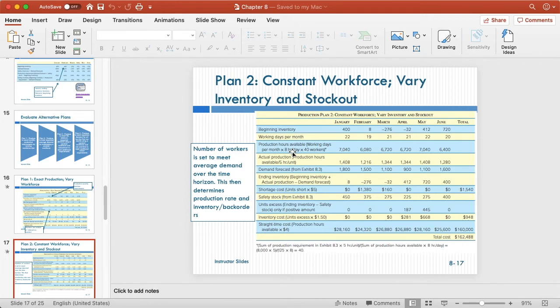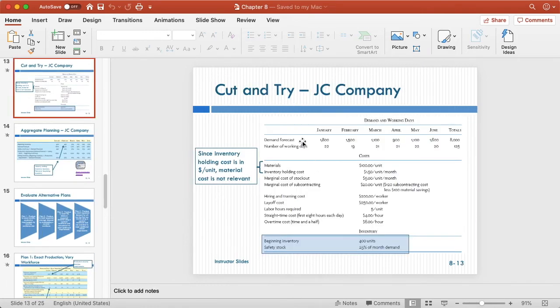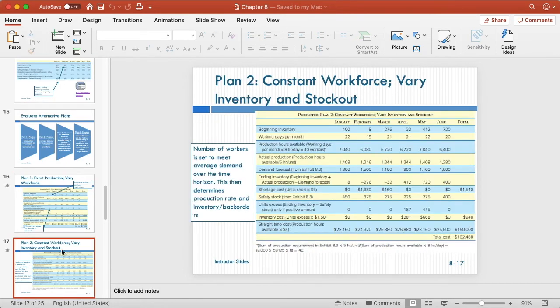And you know that the market demand, the demand forecast for every month is different, right? Then how do we decide the constant workers for every month? The core idea here is that we consider all of the amounts and take the average.